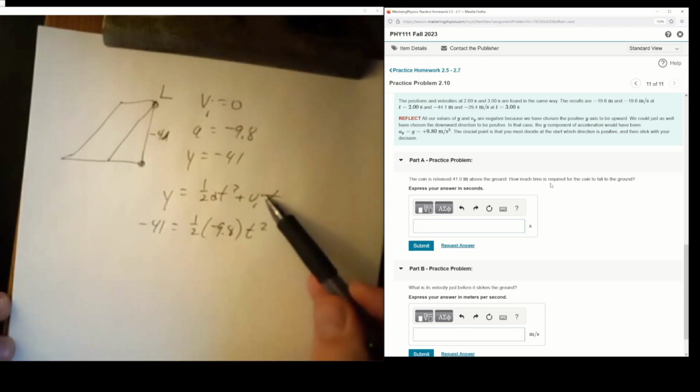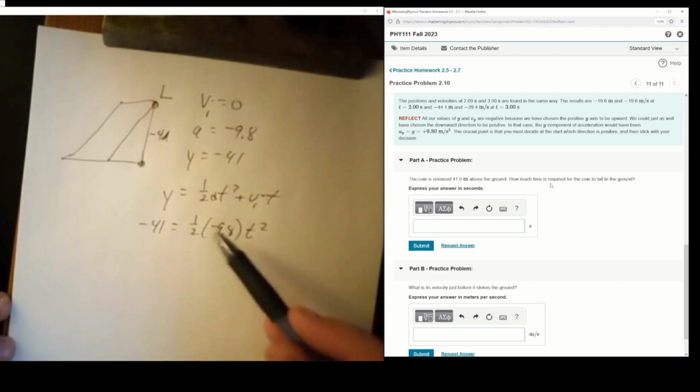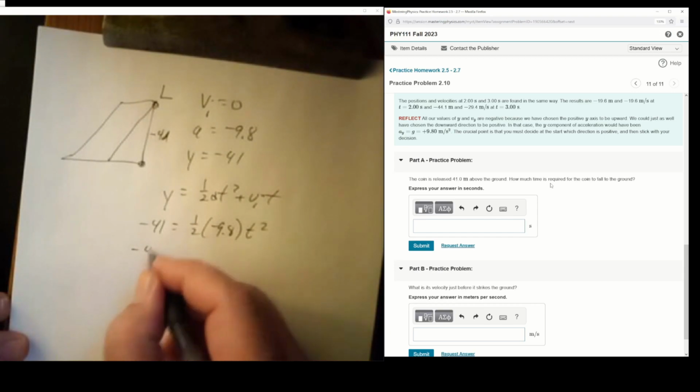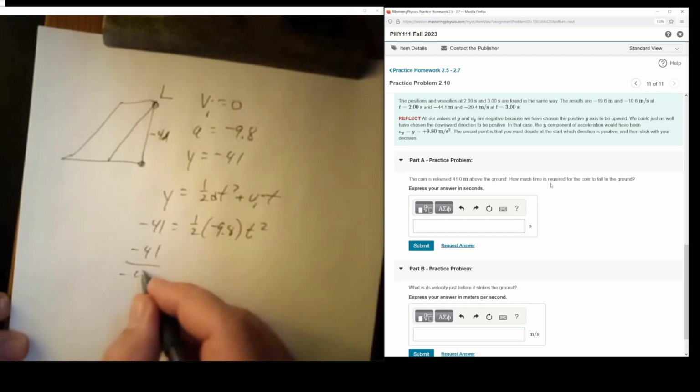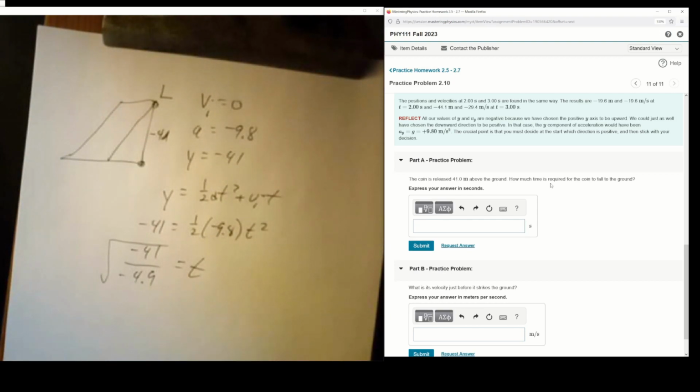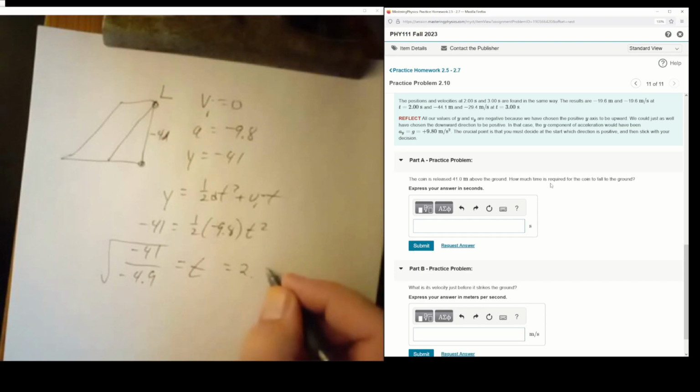And initial velocity is 0, so there is our equation. And taking the square root does give us a plus or minus solution. We want the solution that's forward in time, so we'll take the positive solution.